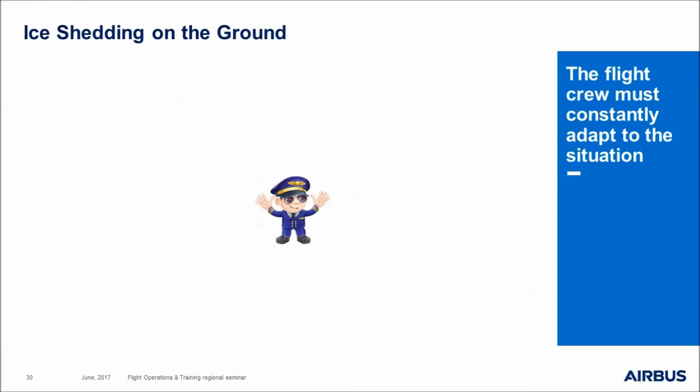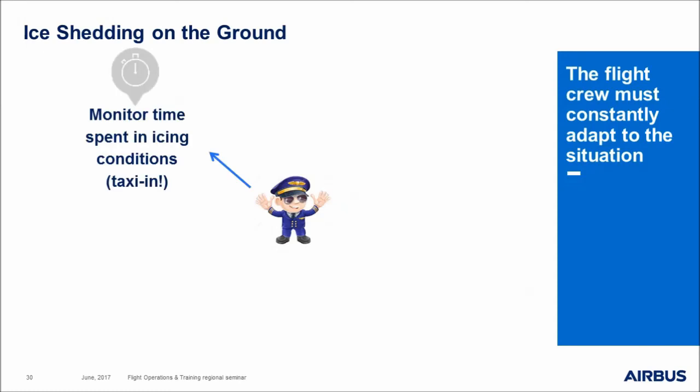The flight crew must adapt to the situation each time the ice shading procedure must be applied. As previously explained, the flight crew needs to closely monitor the time spent in icing conditions. Remember that all phases must be accounted for, including the taxi-in phase. Then, the flight crew needs to perform several actions before any ice shading action.